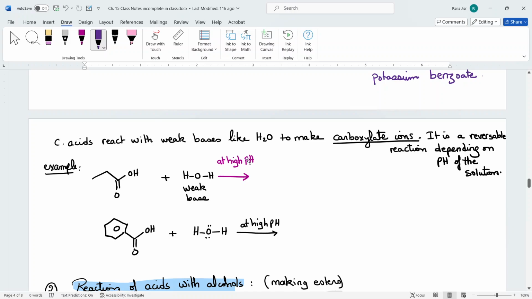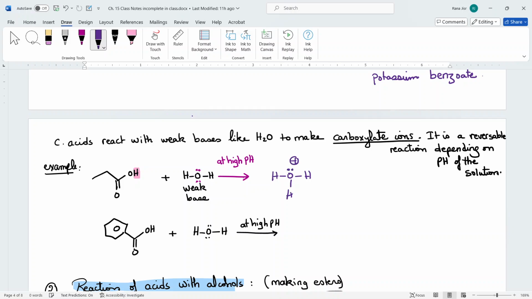Okay. So at high pH, the base is going to react with the acidic hydrogen as usual. And I'm going to favor the formation of my base because high pH is for formation of the base. Here I do have my base, which is water. It's a weak base. So the water is going to come, same as the reaction above, and take that acidic hydrogen.